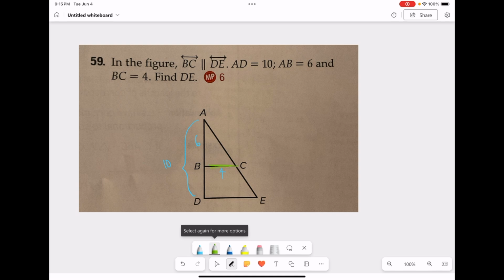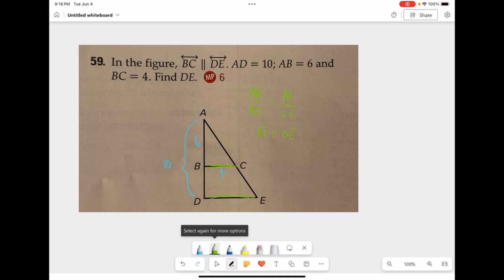These are the two parallel lines. The triangle proportionality theorem says that AB over BD is equal to AC over CE if BC is parallel to DE.